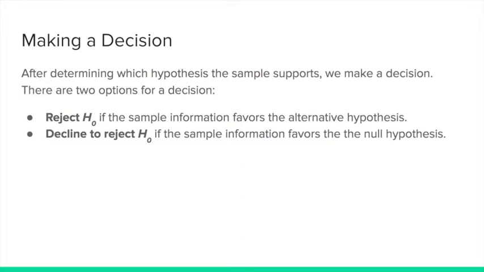The decision to reject the null hypothesis is a clear decision that it appears the null hypothesis is wrong, we reject it. However, if there's not enough evidence to reject the null, that doesn't always mean that there's evidence to support the null hypothesis. It's just there's not enough to reject it. And that's a little bit different, okay?